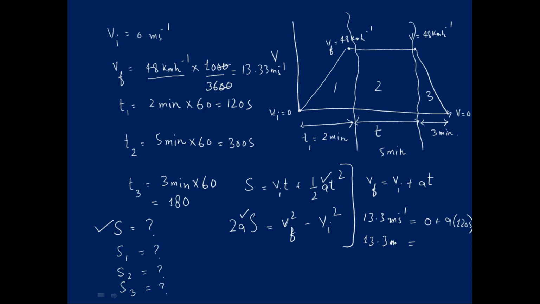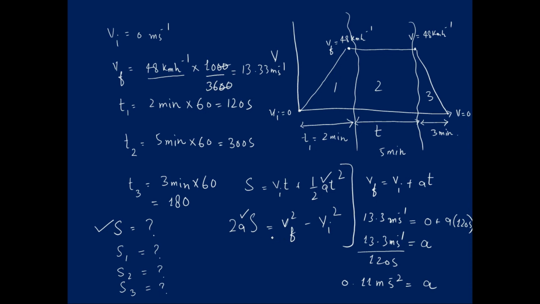So a is 13.33 meters per second divided by 120 seconds, which is equal to 0.11 meters per second square. This is the acceleration of the train when it achieves a velocity of 48 kilometers per hour in 2 minutes. Now we can use these two equations to find the distance.